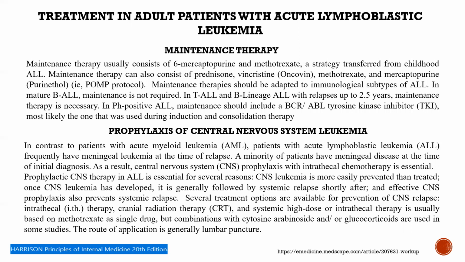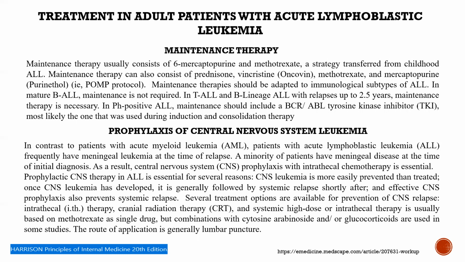Maintenance therapy usually consists of 6-mercaptopurine and methotrexate, a strategy transferred from childhood-type therapy of this disorder. Maintenance therapy consists of prednisolone, vincristine, methotrexate, and mercaptopurine. It should be adapted to the immunological subtypes of the disorder.